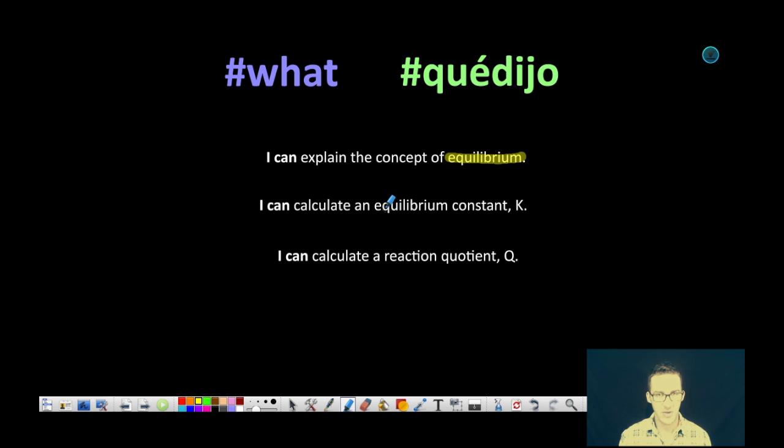We're going to talk about how you can calculate what's called an equilibrium constant, which is abbreviated with the symbol K. And then lastly, we're going to talk about how you can calculate what's called a reaction quotient, which is symbolized with the letter Q. So some new vocabulary here, a quick timeout from electrochemistry, but we're going to tie ourselves right back in after we understand what's going on with equilibrium.